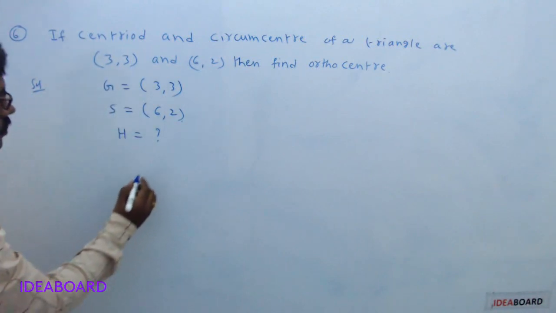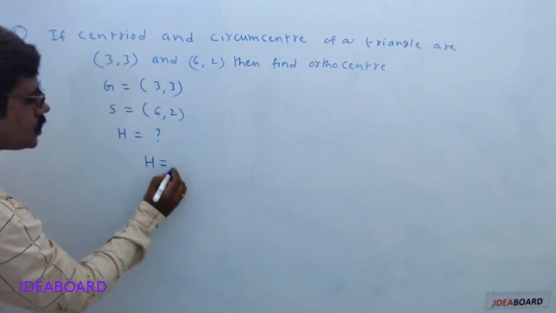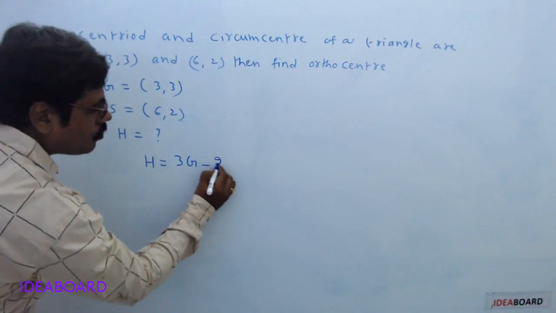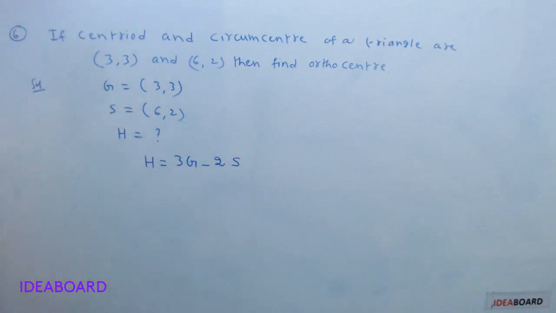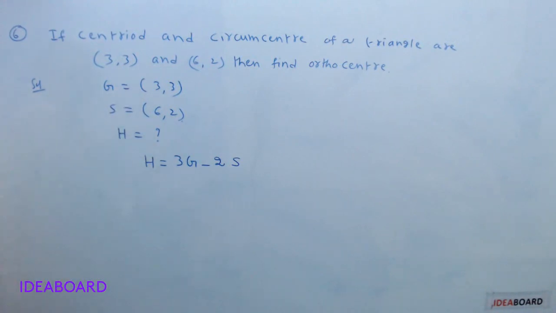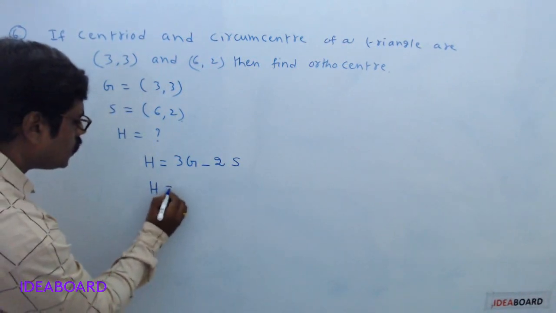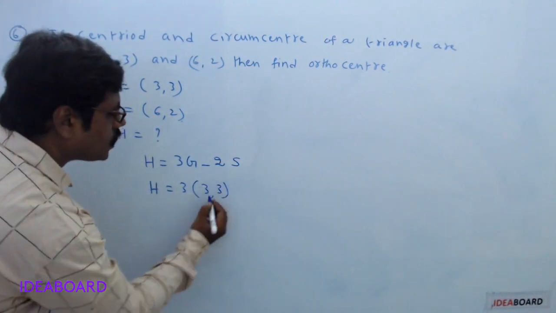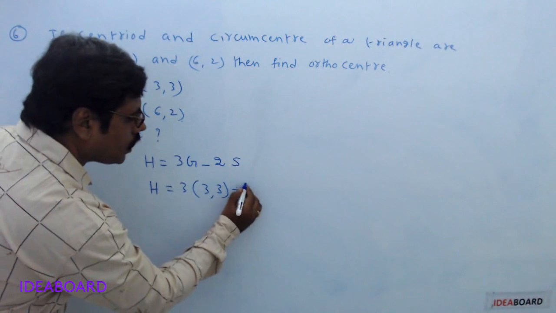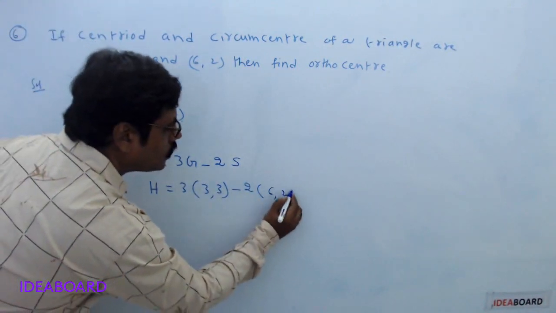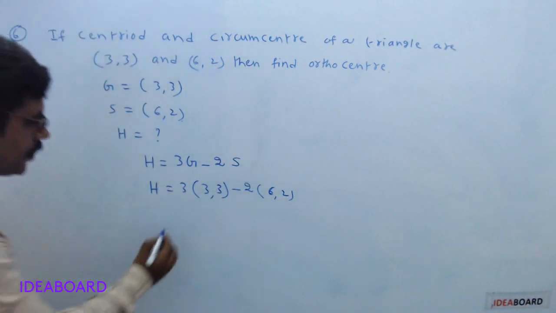The relation between these 3 points is orthocenter H equals 3 into centroid minus 2 into circumcenter. Substitute the corresponding values in this formula. So H equals 3 into G point coordinates (3, 3) minus 2 into S point coordinates (6, 2).